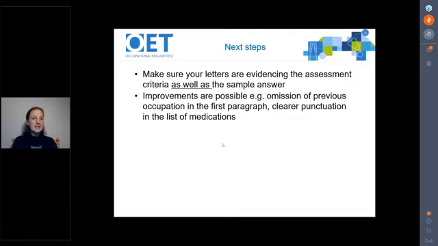While this is quite a standard inclusion for healthcare professionals when referring a patient to another healthcare professional, for me in this task, because it's an emergency situation, the fact that this patient is a retired school teacher isn't particularly relevant and so could be omitted, and this would still be an excellent letter. I'd also suggest some perhaps clearer punctuation could be used to make the list of medication easier for the reader to understand and process.